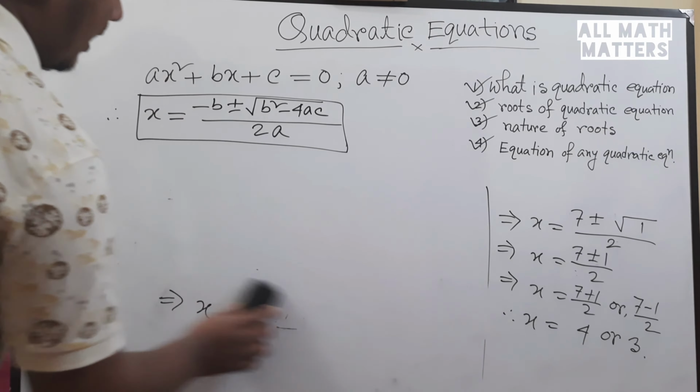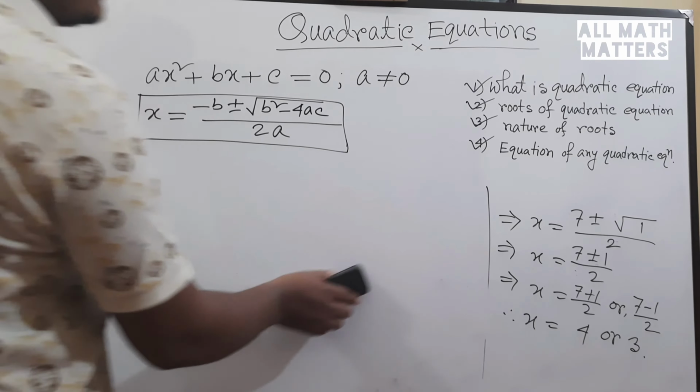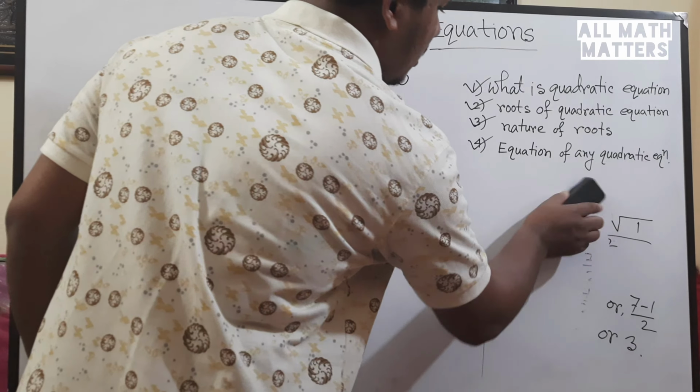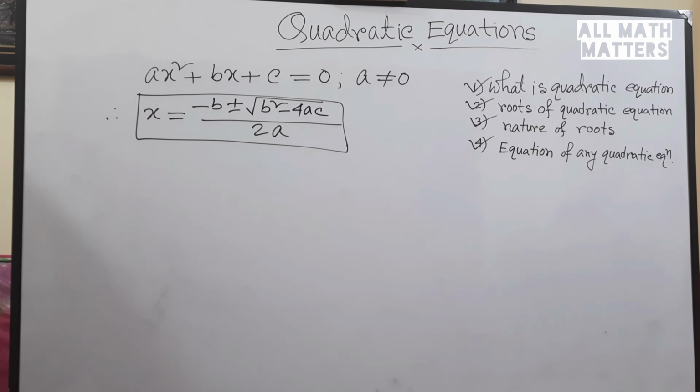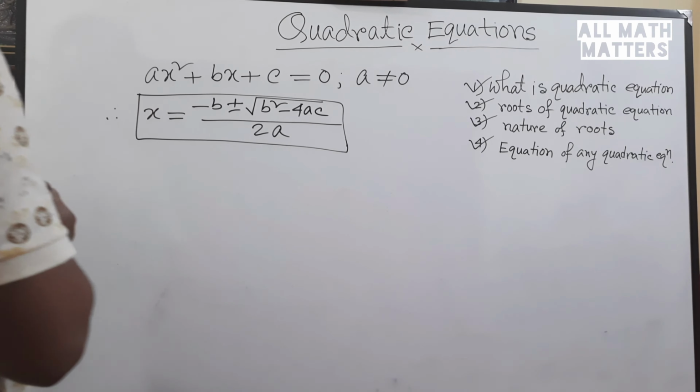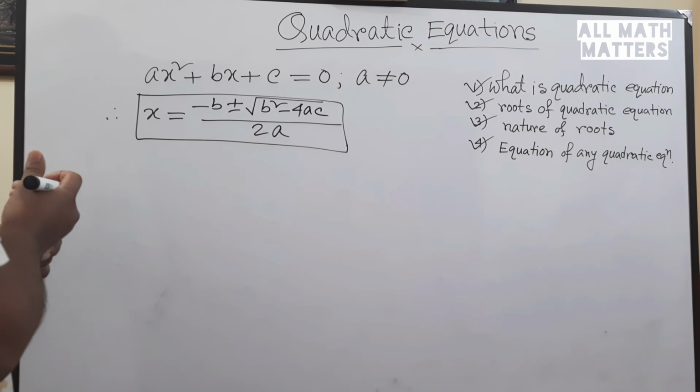For doing more sums we need to do this. That means, what is the sum of the two roots of any quadratic equation and what is the product of the two roots?